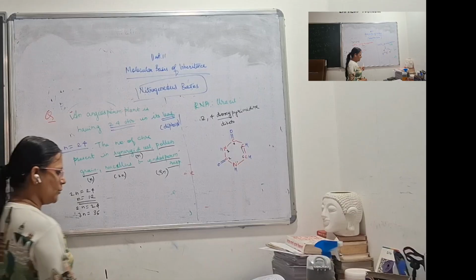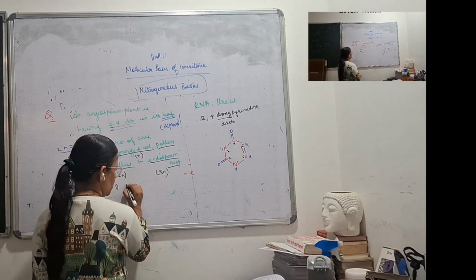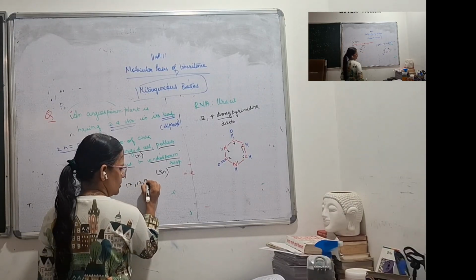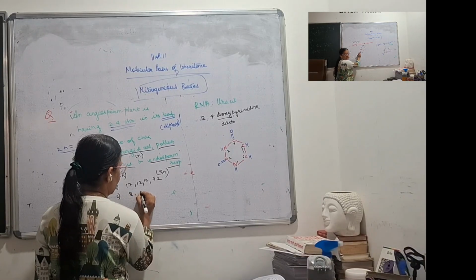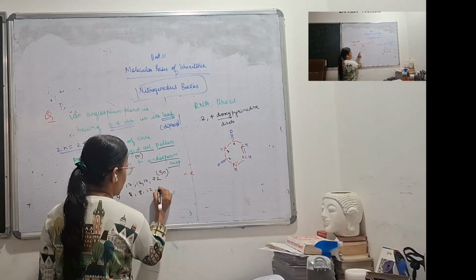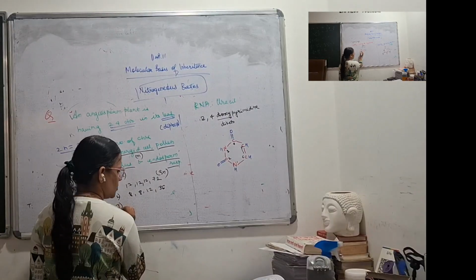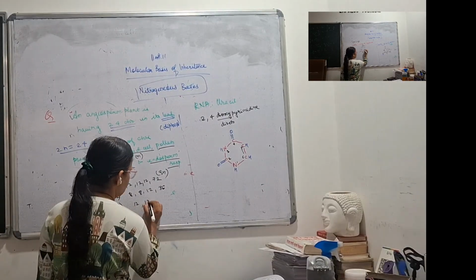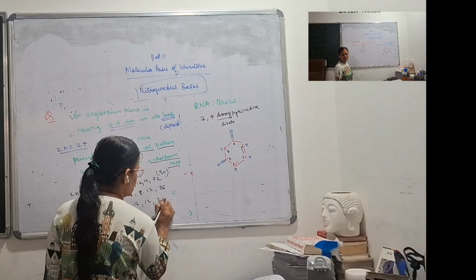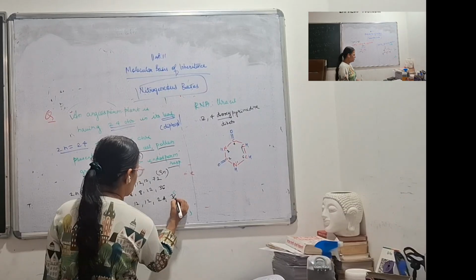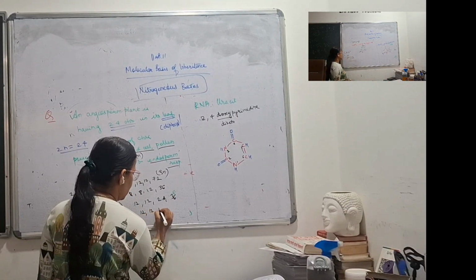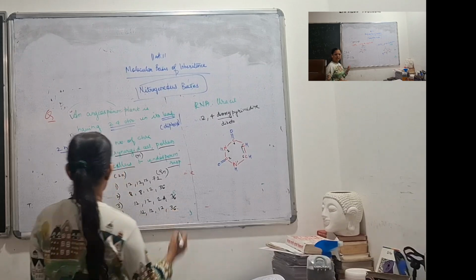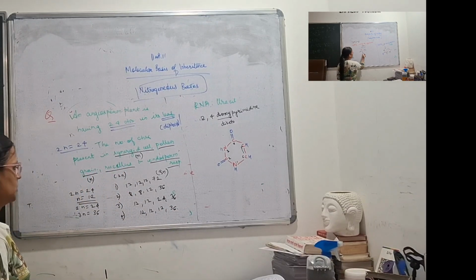Now they have given the options: 12, 12, 12, 72. Second option is 8, 8, 12, 36. Third option is 12, 12, 24, 36. And last option is 12, 12, 12, 36, in the same sequence.